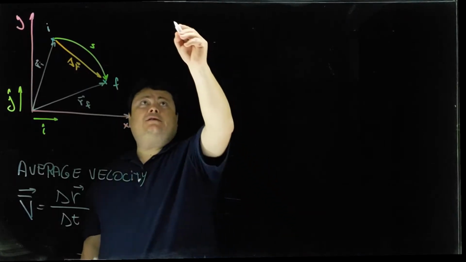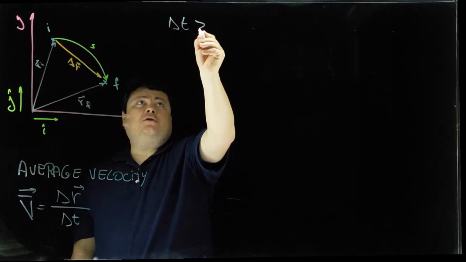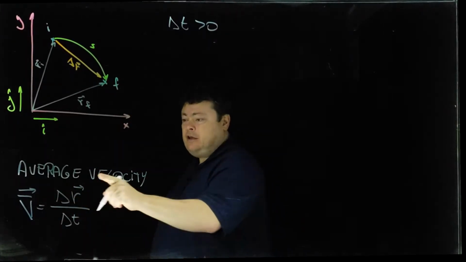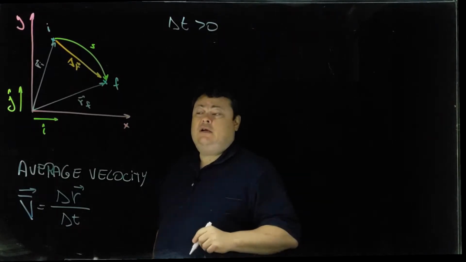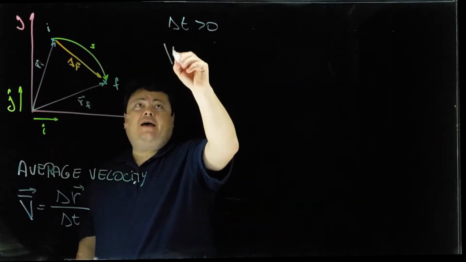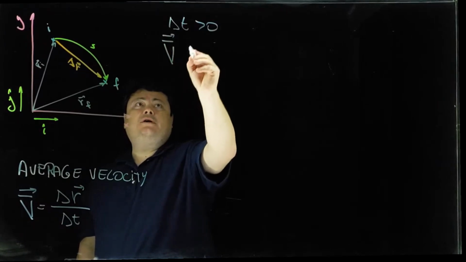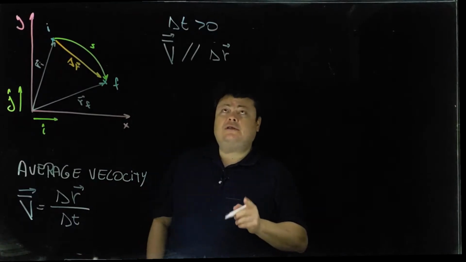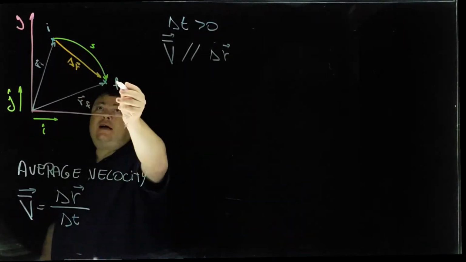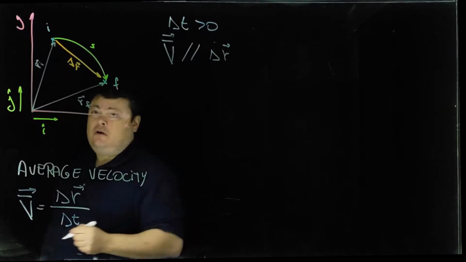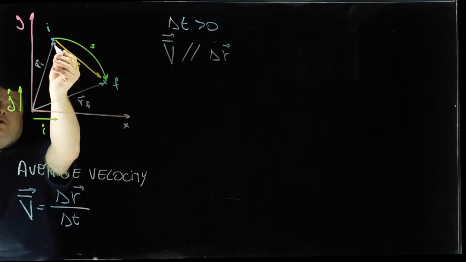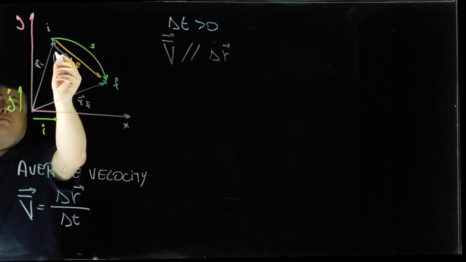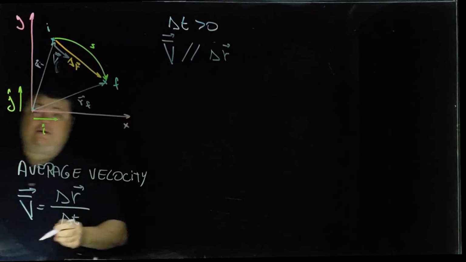Notice that since the time interval is always going to be positive, the average velocity is a vector divided by a positive number. And this will actually give me that my average velocity is always going to be parallel to the displacement. Now, since the displacement is a secant line to the path, the average velocity is also going to be a secant line to the path, like this.